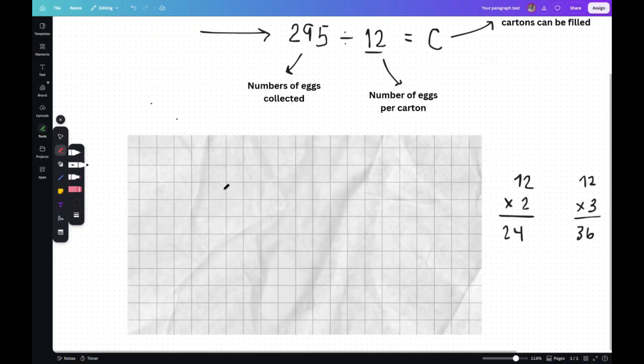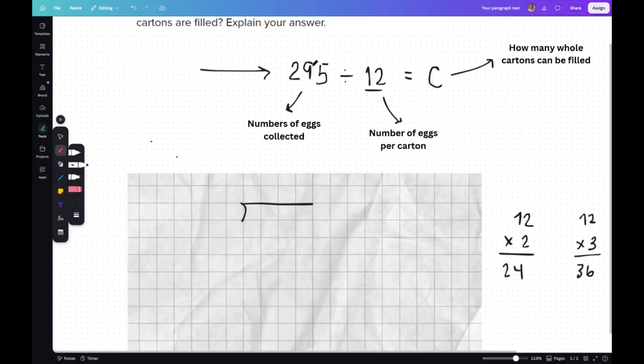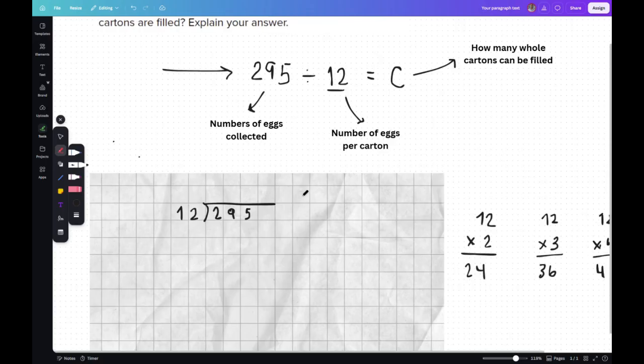So now, for the long division algorithm, we're gonna build the house like this. And my dividend, which is 295, I'm gonna write it inside the house. And 12, which is my divisor, has to be outside. And we need to multiply.